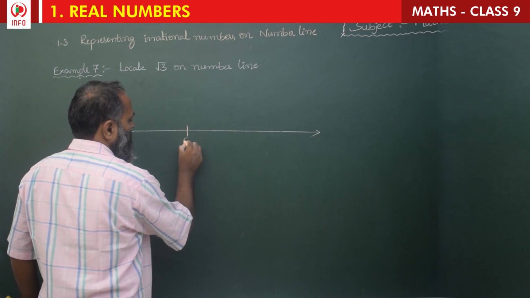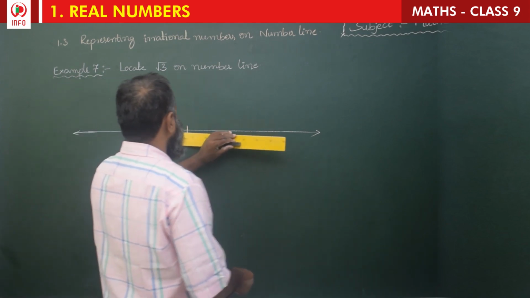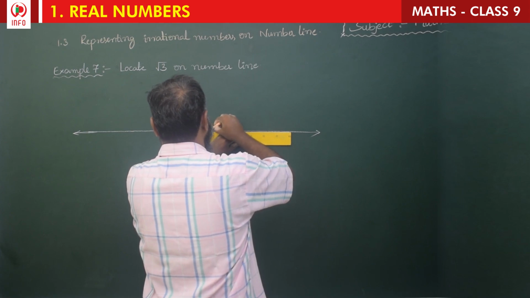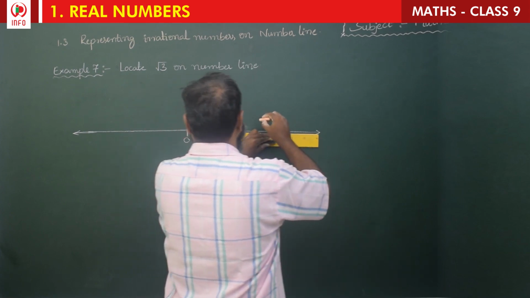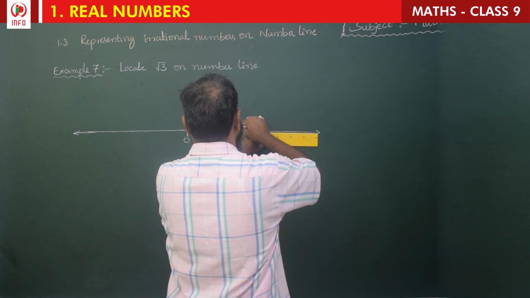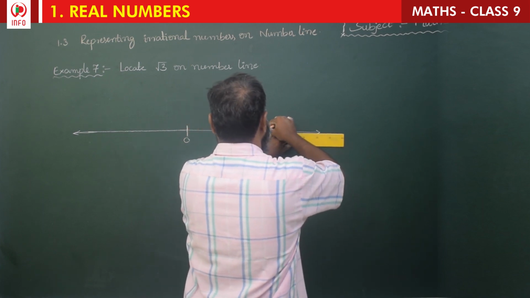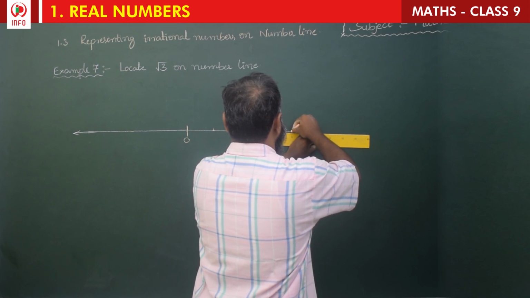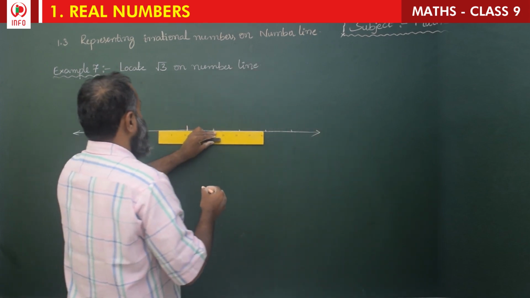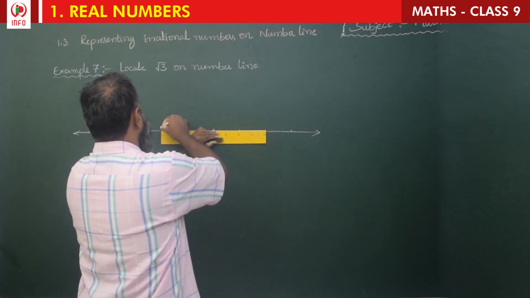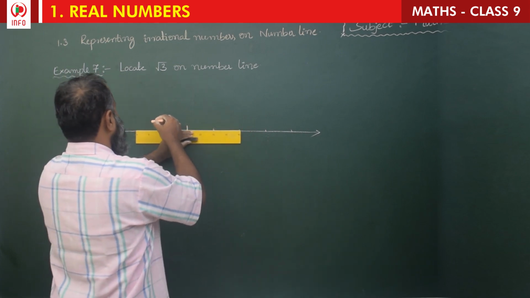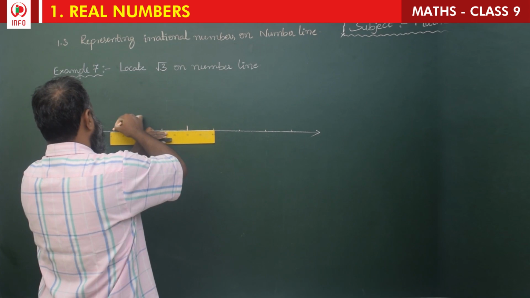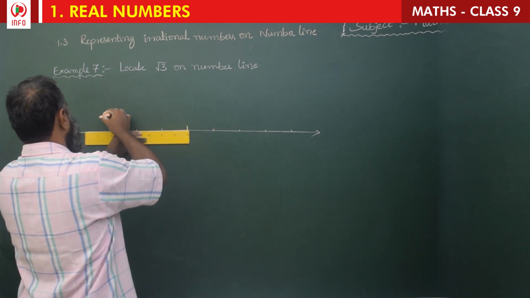This is 0. Mark a point at each 1 centimeter. So you mark points on every single centimeter.